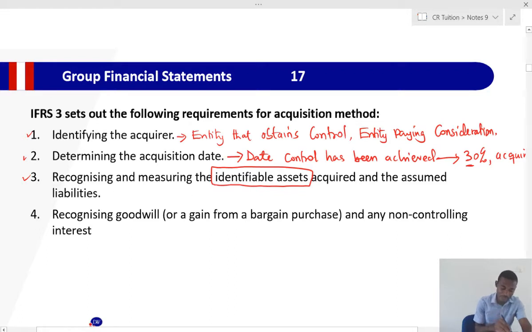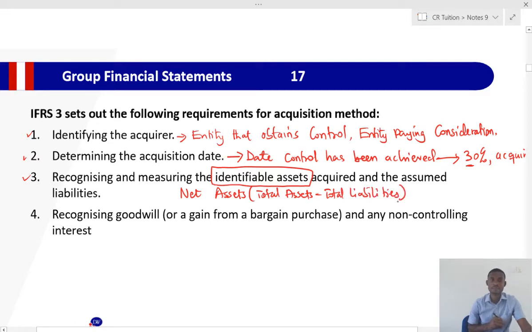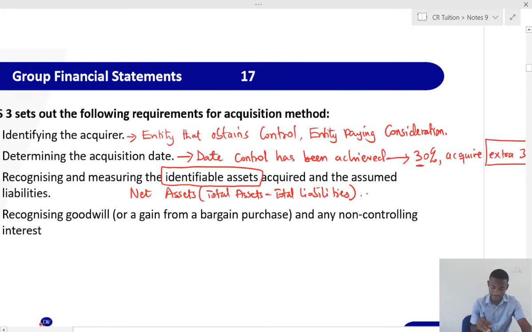So here the net assets will be the total assets less total liabilities, net. And the principle says that we should determine the fair value. So the fair value of net assets.